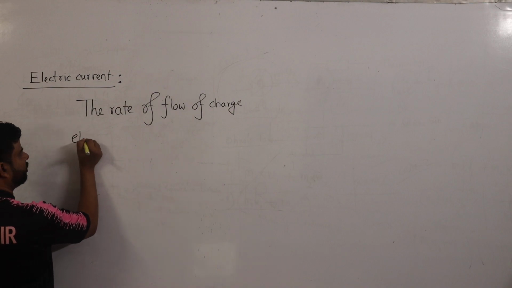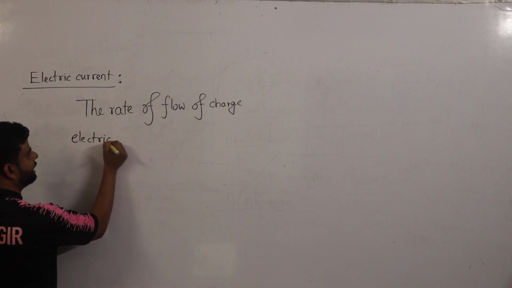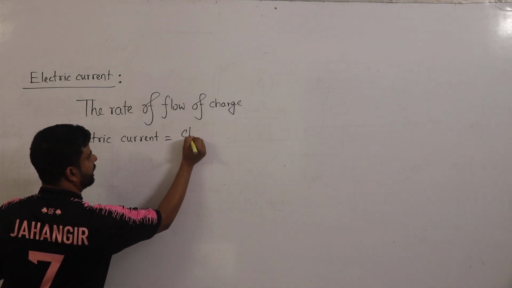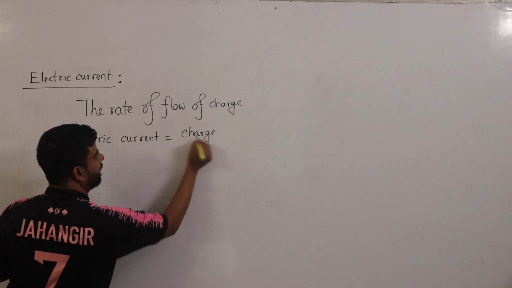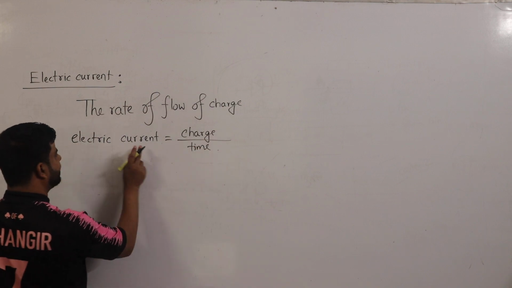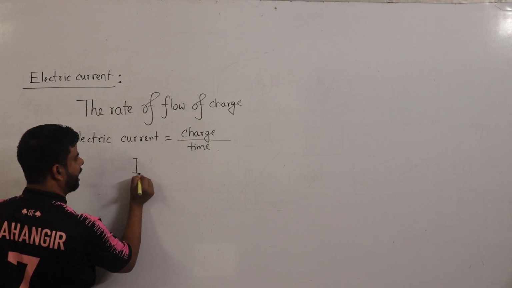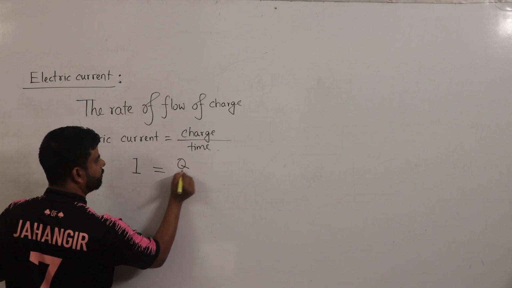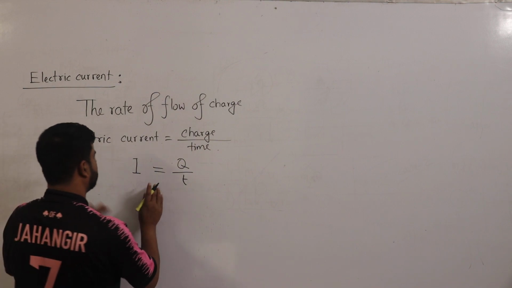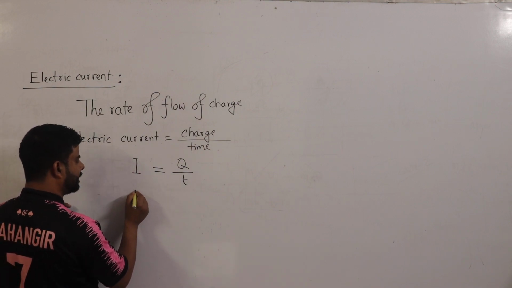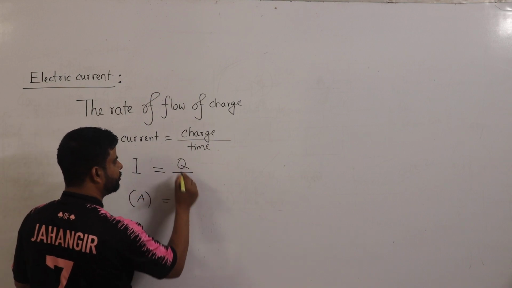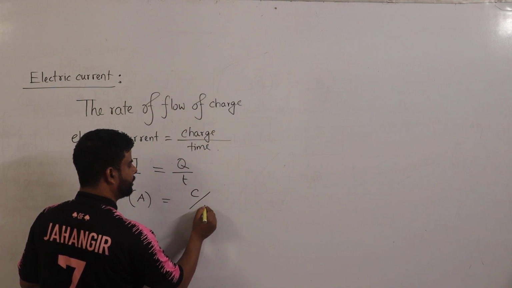Mathematically, we can write electric current equal to charge divided by time. So the electric current symbol is I equal to Q divided by T. The unit of electric current is ampere, short form A, the unit of charge is coulomb, and the unit of time is second.